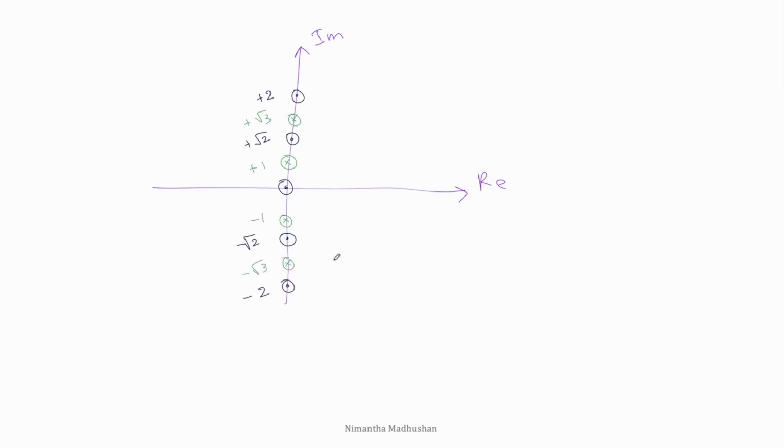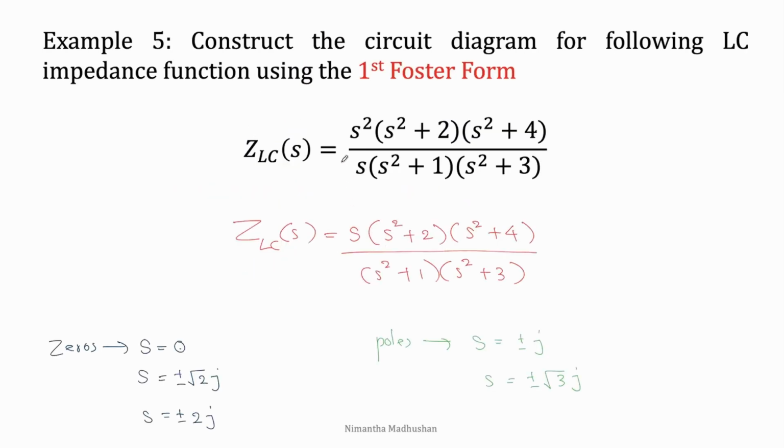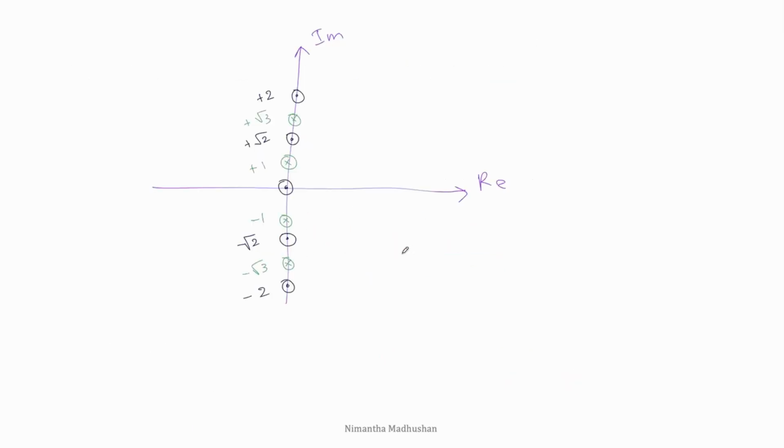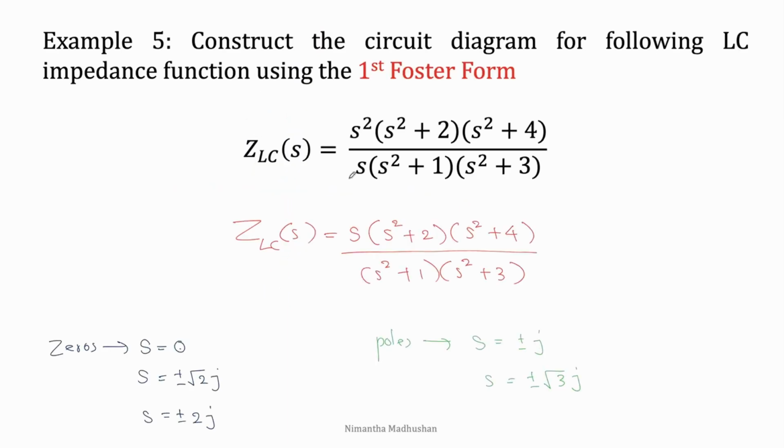You can check the properties of RLC networks, and the special properties of LC networks, using this pole and zero pattern.